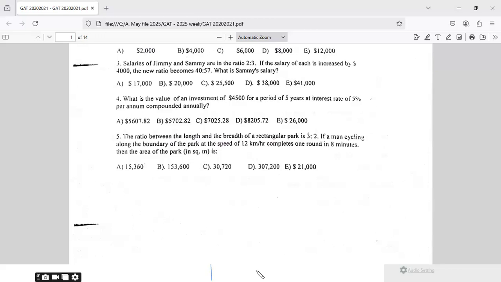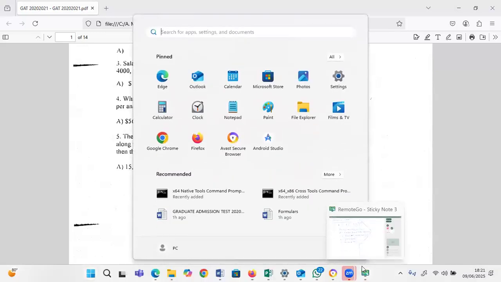Now, we are using the same formula, just like I've given you.